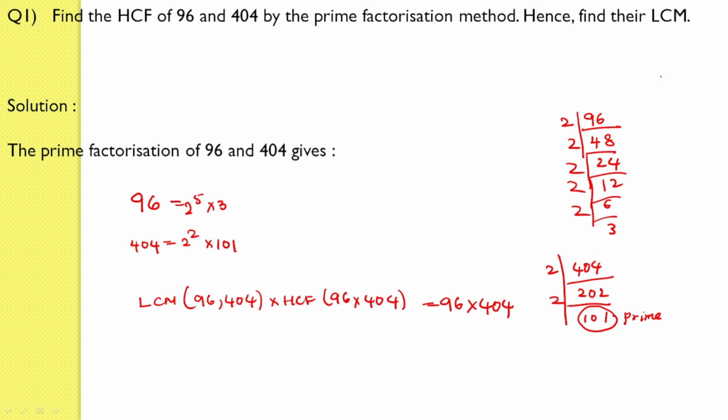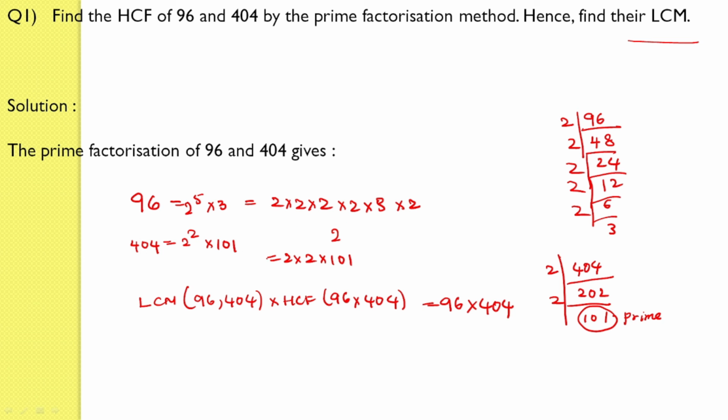We are asked to find the LCM, but before that we are supposed to find the HCF of both of these numbers. We take the factors with the lowest power. So 2 multiplied by 2 multiplied by 2 multiplied by 2 multiplied by 2 multiplied by 3, and this is 2 multiplied by 2 multiplied by 101.